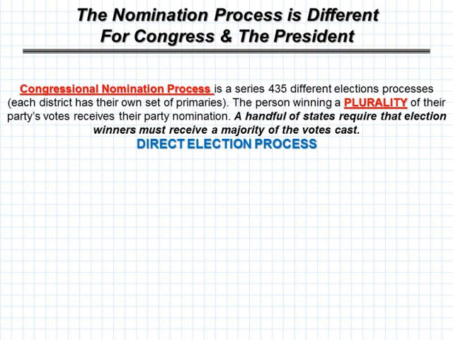As we've talked about in previous discussions in this class, members of Congress, primarily the House of Representatives, are elected through what we call a direct election process. The people that go to vote for a member of Congress is voting directly for the one person that they want to represent them in the House of Representatives.